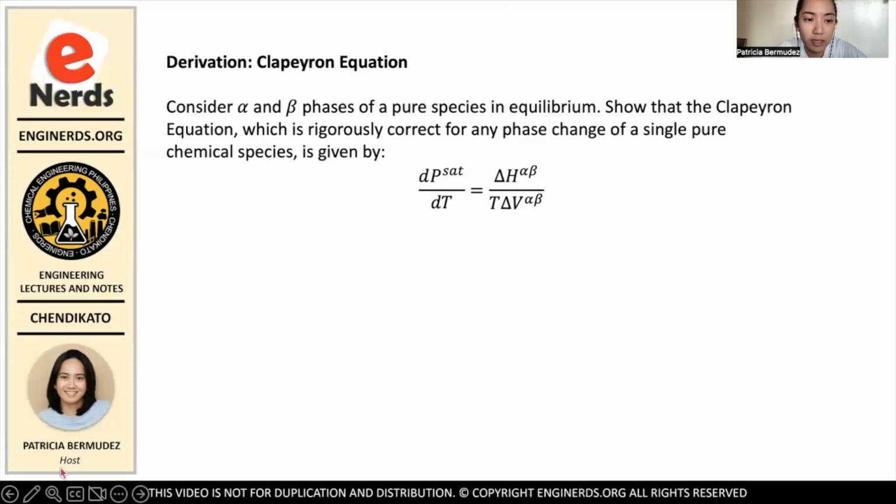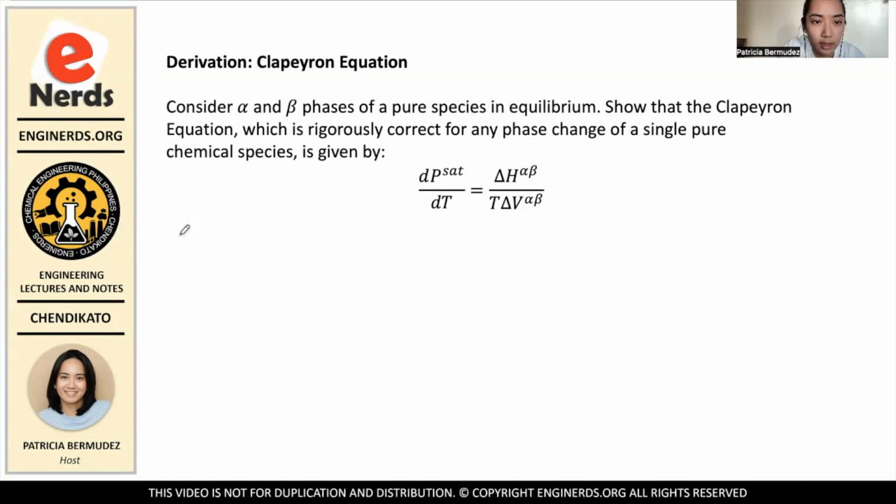So, saan ba tayo magsisimula in this problem? We have to start with the properties of the two phases that are in equilibrium. So, the four properties that are involved, or the four properties na basis ng Clapeyron equation natin, are these.